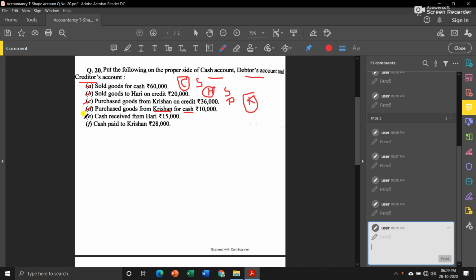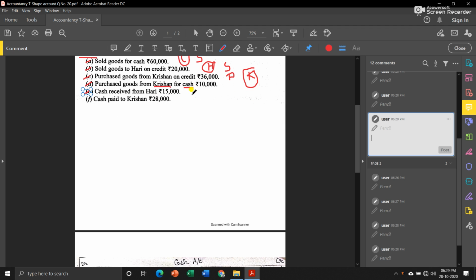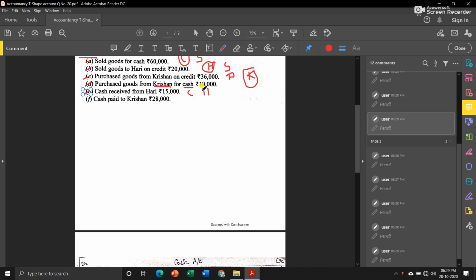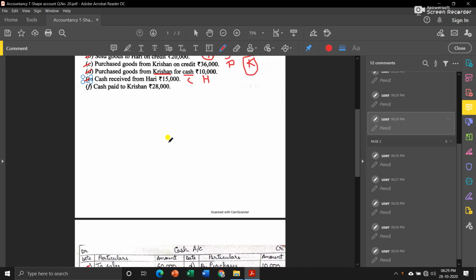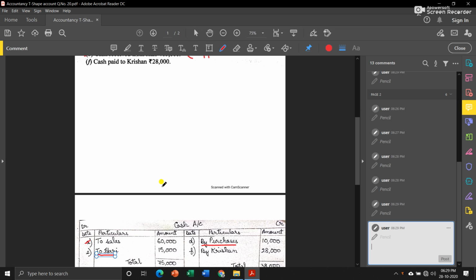Then next is cash received from Hari rupees 15,000. That means we are receiving cash from Hari, so the two accounts involved are cash and Hari. So first let us see the cash treatment. Cash is received from Hari, that means cash is increasing, so we will write on the debit side to Hari 15,000.